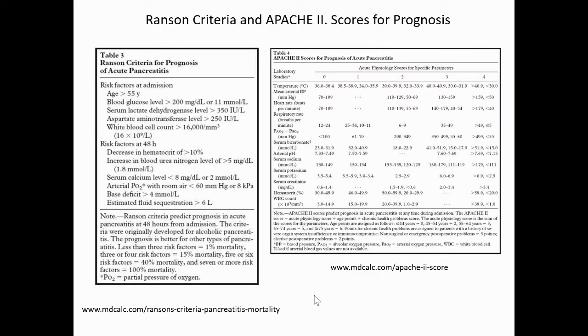Clinically, there is the Ranson and the Apache 2 criteria, which you can find on the internet, and these are not radiological criteria systems, these are clinical, and they can predict the prognosis of the patient after admission based on their age, their pre-existing conditions, their lab findings, and even their imaging findings.